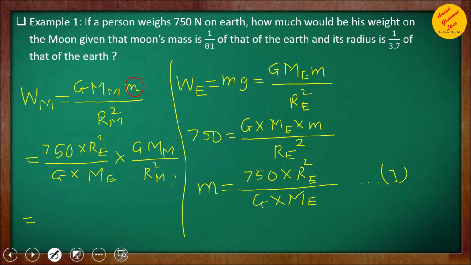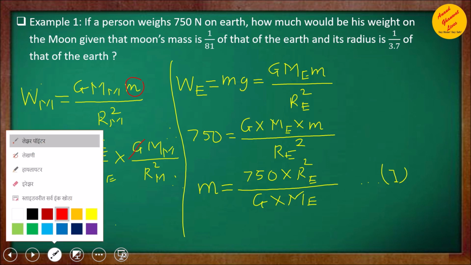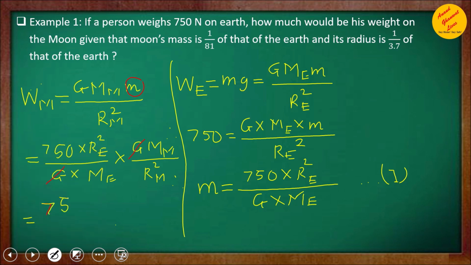Now G, the gravitational constant, is cancelled with the gravitational constant, and it is equal to 750 into mass of the moon upon mass of the Earth, into radius of the Earth upon radius of the moon, its square.